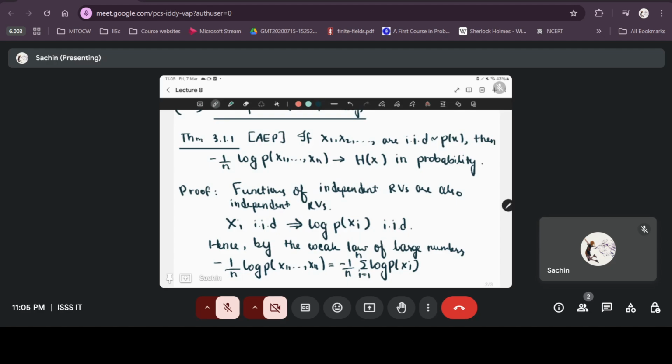So that has a particular probability of occurring. You find the probability of that particular set of random variable values occurring and take the log of that and divide it by n. So this is the sample entropy.